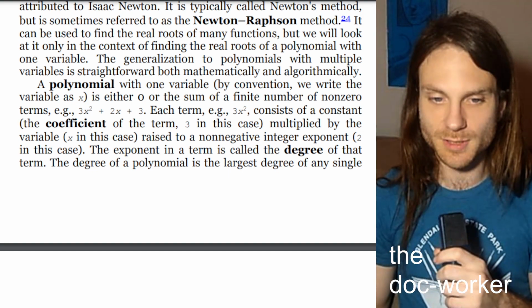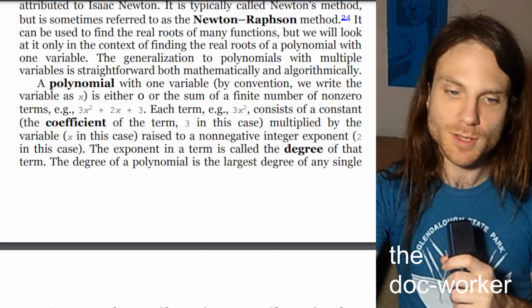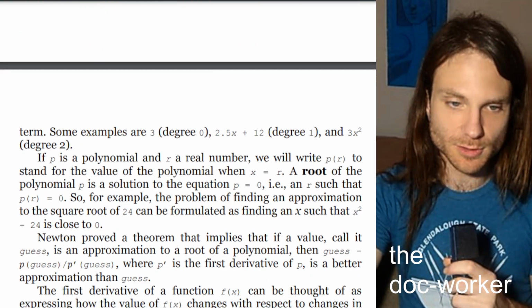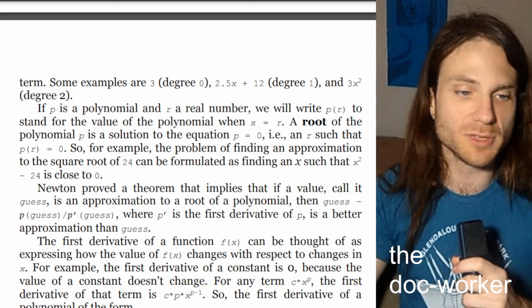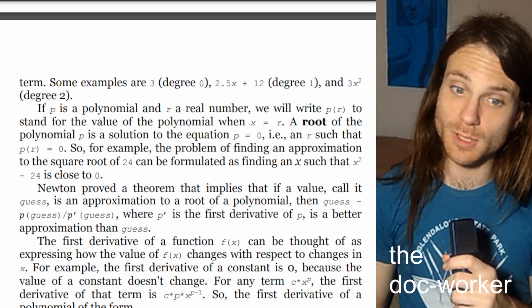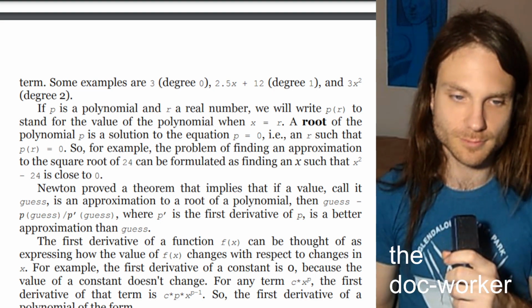The exponent in a term is called the degree of that term. The degree of a polynomial is the largest degree of any single term. Some examples are 3, degree 0, 2.5x plus 12, degree 1, and 3x squared, degree 2.